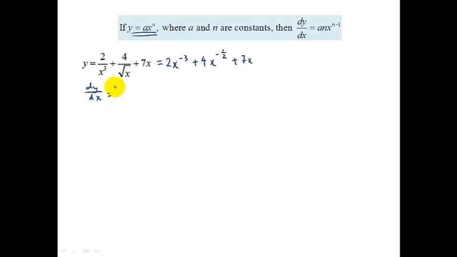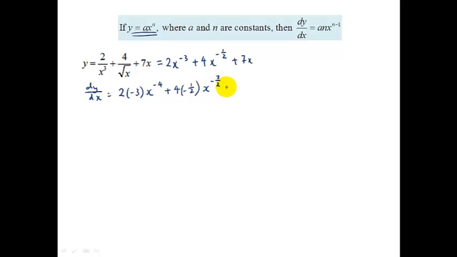dy/dx is equal to, keep the 2 coefficient, bring down the power minus 3, and x instead of power minus 3 will become power minus 4 because power less 1. Let's continue. The next term, I keep the plus 4 coefficient, bring down the power minus half, and the x is now powered minus half minus 1, so minus 3 over 2.